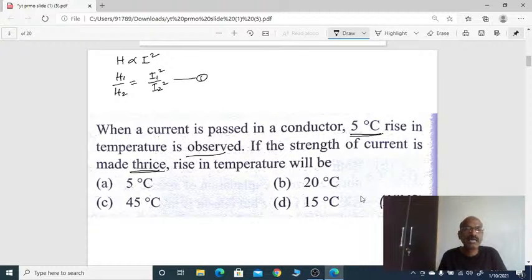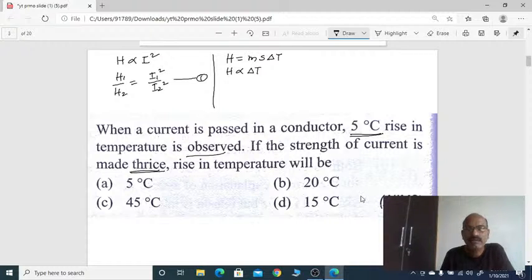Now, if the strength of the current made 3 times, what is the rise in temperature? So, we know from calorimetry chapter, remember first year, the quantity of heat supplied, H equal m s delta T or m c delta T, where s or c is called specific heat. Now, here rise in temperature and heat is directly proportional, right?